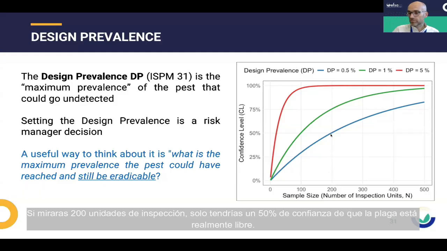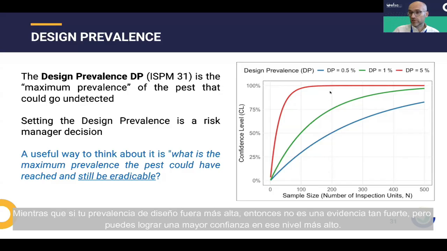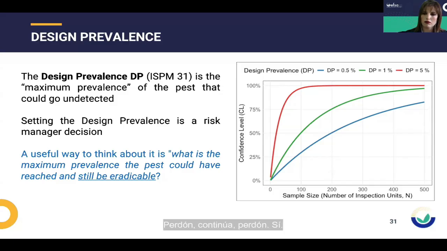If you looked at 200 inspection units, you would only have 50% confidence that the pest is really free. Whereas if your design prevalence was higher, then it's not as strong evidence, but you can achieve a higher confidence in that higher level. Sorry, go on.